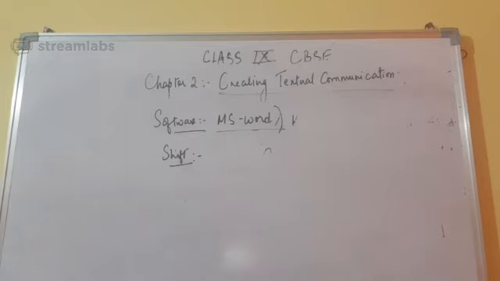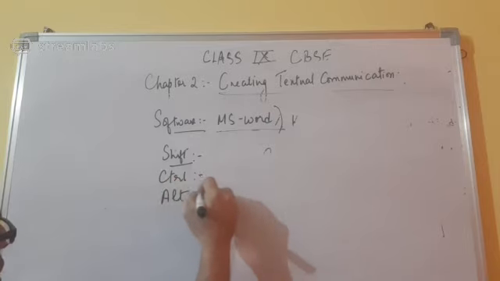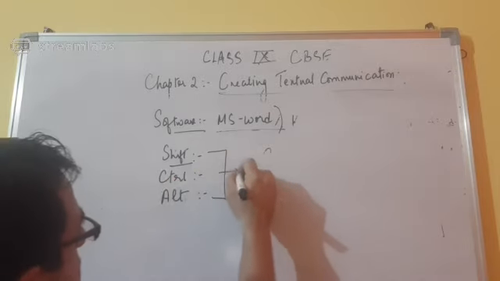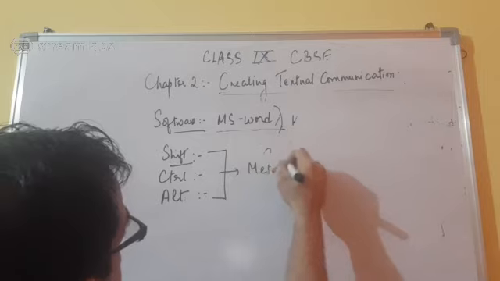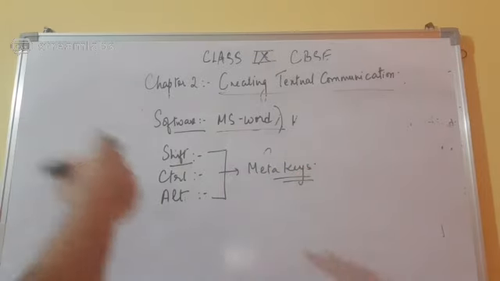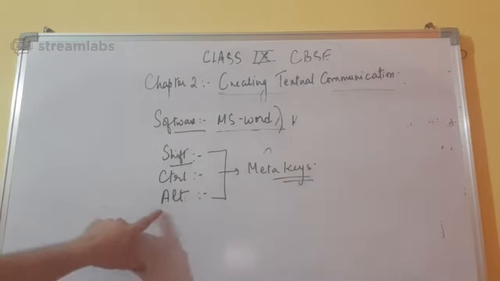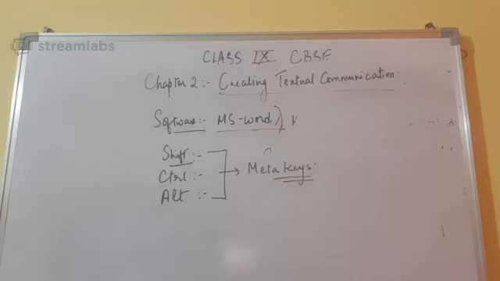In a similar way, there is one more key which is called your CTRL, whose functionality cannot be seen alone. Similarly, one more is there which is called your Alt. So all these three keys are also called meta keys, because their functionality is not solely dependent on the usage of these keys. They have to be used along with some other character. Okay.